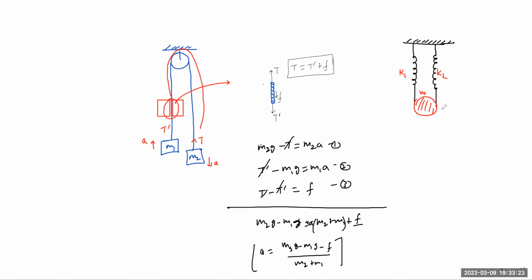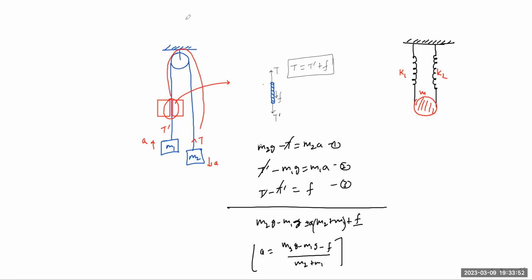Quite possible. It can just roll down, and it will come down and pull the spring by different elongation. I'll come to that part later on, but let's start with the easy version.